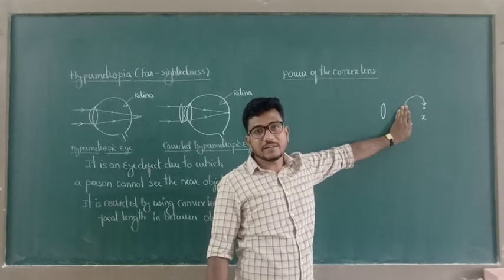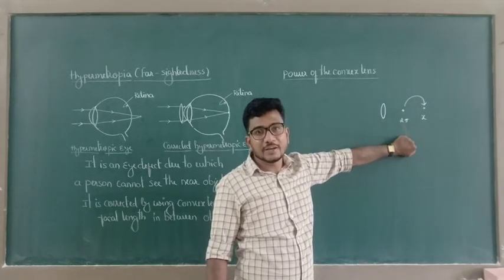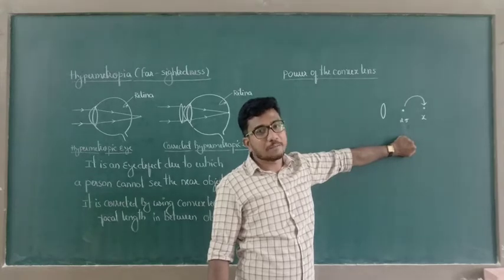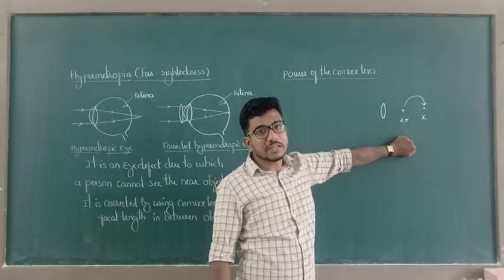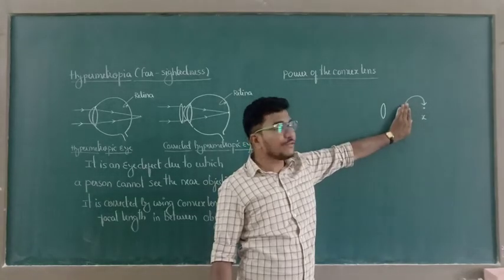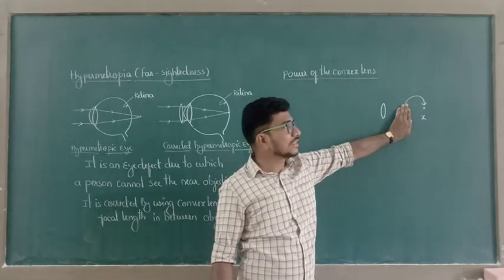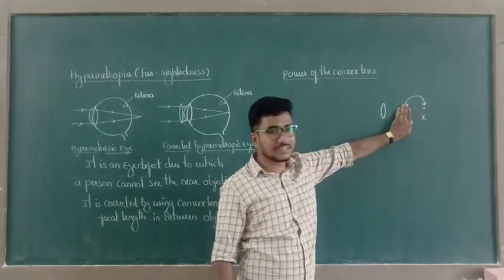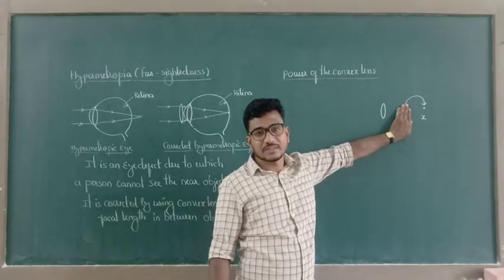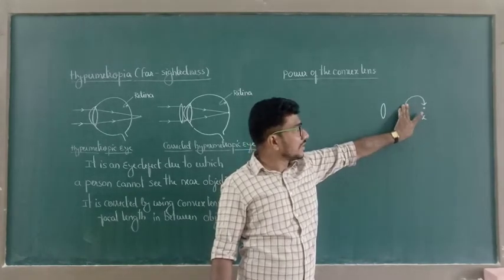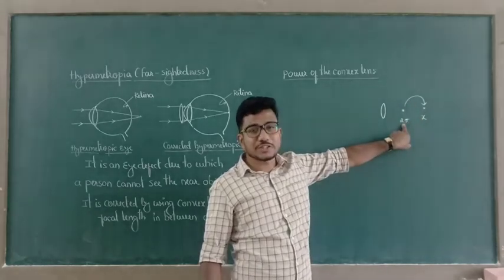Actually near point should lie at 25 centimeter. But in case of hypermetropic eye, this near point is shifted away from the eye. That means it lies at some distance. Let us say that distance is X.